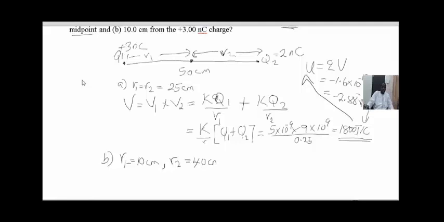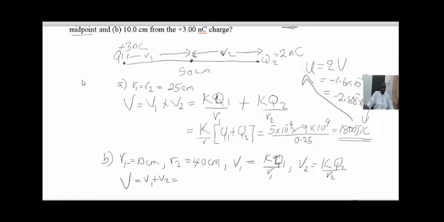Based on that, we can evaluate V1 to be equal to KQ1 over R1, and V2 is also going to be KQ2 over R2.